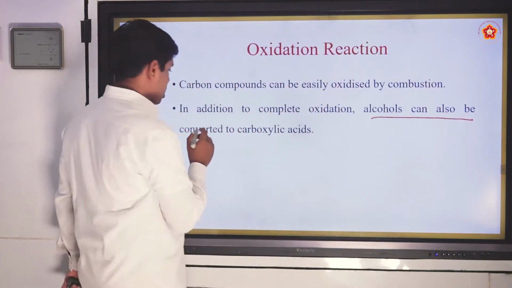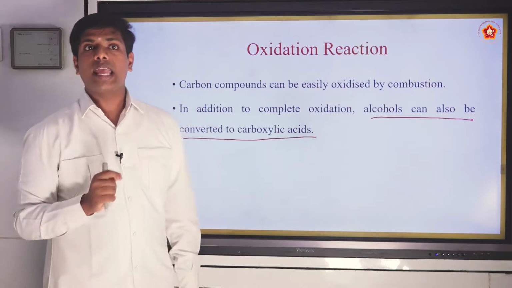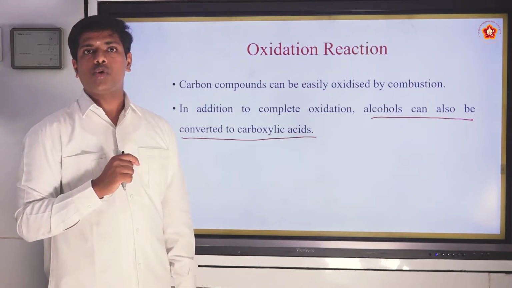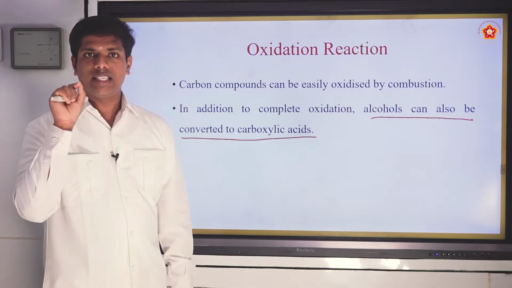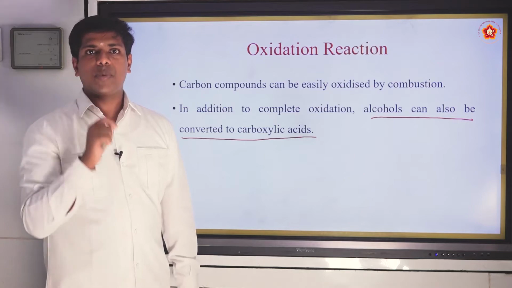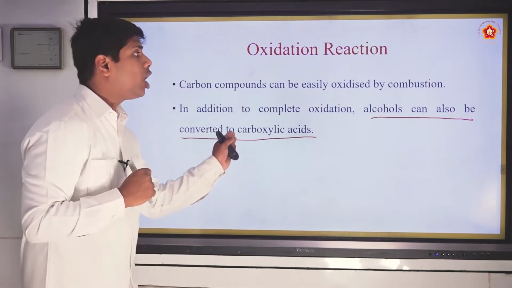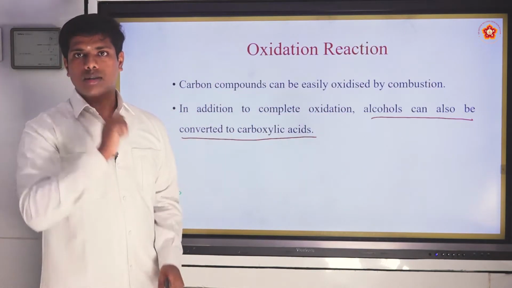Alcohols are converted into carboxylic acid by acidified K2Cr2O7, potassium dichromate, or potassium permanganate. In the presence of potassium permanganate or potassium dichromate, alcohols are oxidized to carboxylic acid.